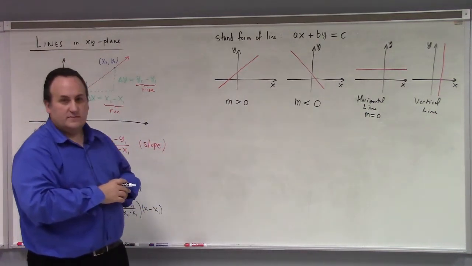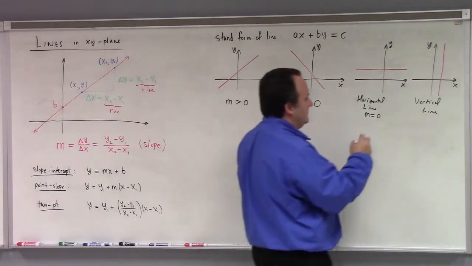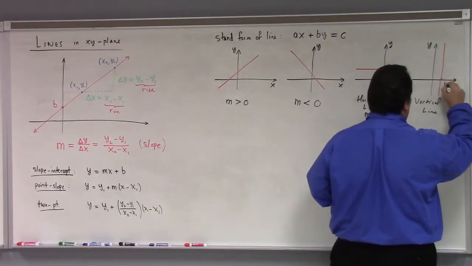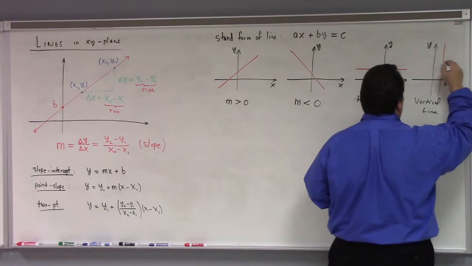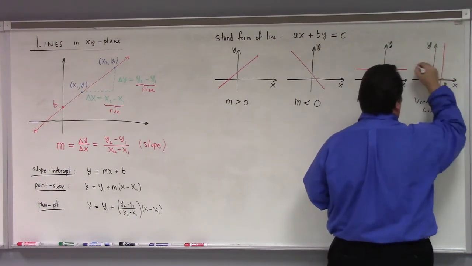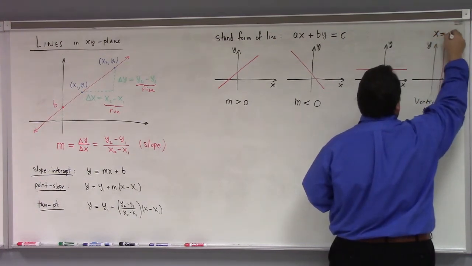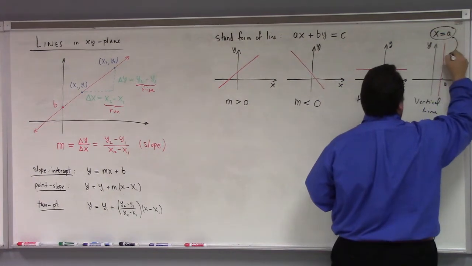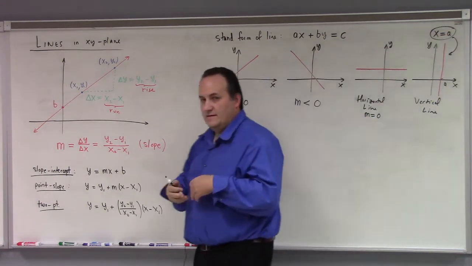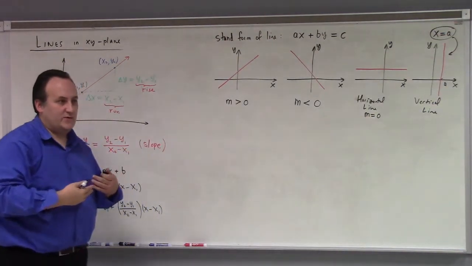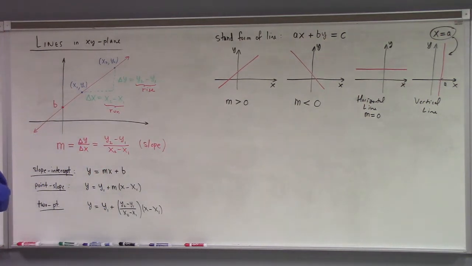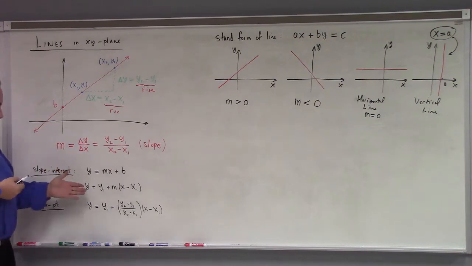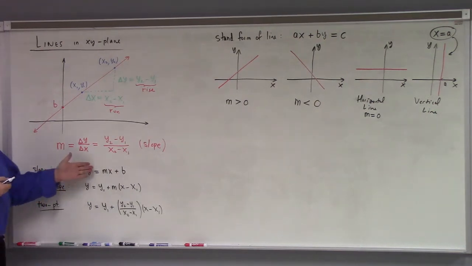If it's vertical, what's the equation of a vertical line? If this is a, what's the equation? The equation is just x equals a, right? I'll find a place, I'll put it up here. x equals a, right? Can you put a vertical line into y equals mx plus b form?